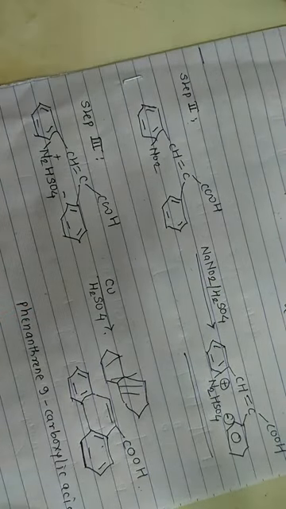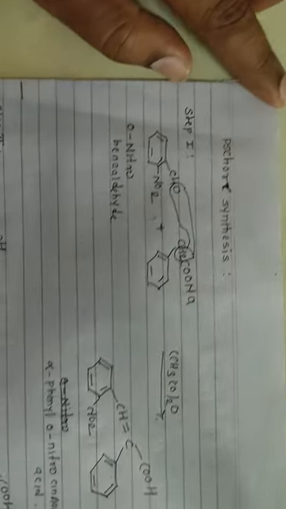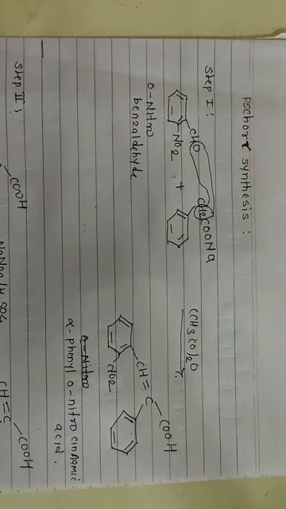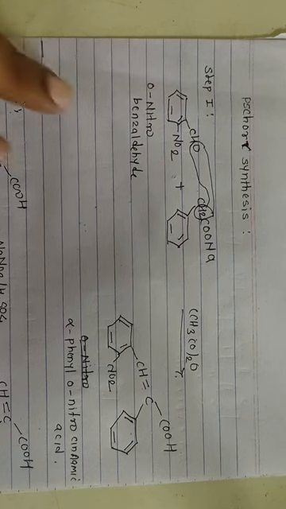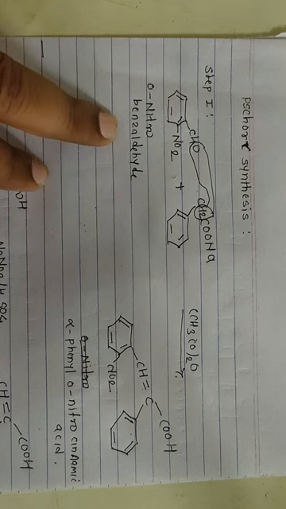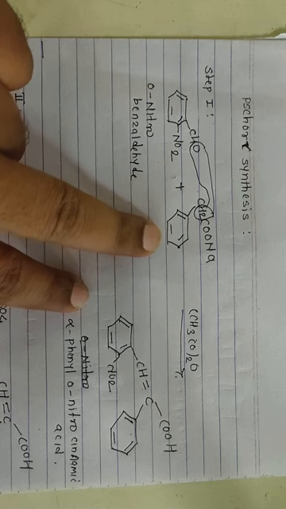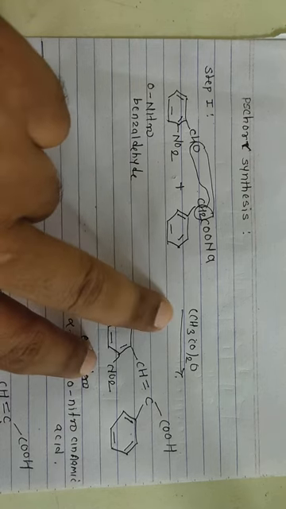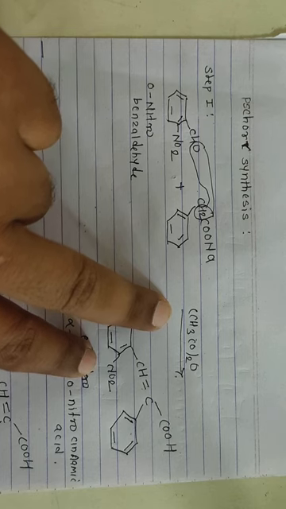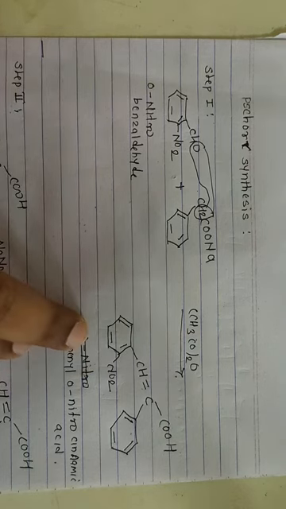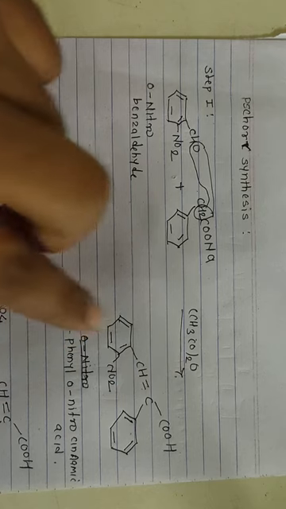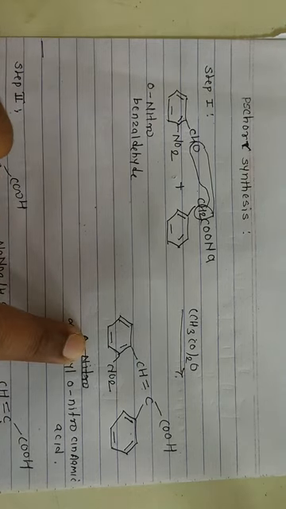This is the Fischer synthesis. Again, repeating this synthesis: in Fischer synthesis, when ortho-nitrobenzaldehyde is heated with sodium phenyl acetate in the presence of acetic anhydride, alpha-phenyl ortho-nitrocinnamic acid is formed, that is step first.